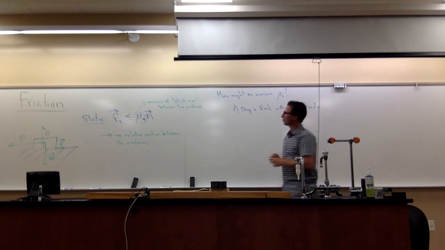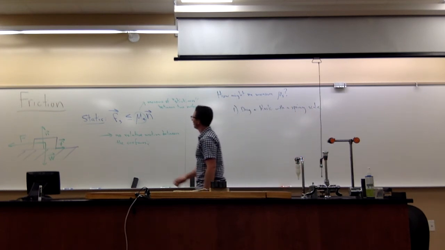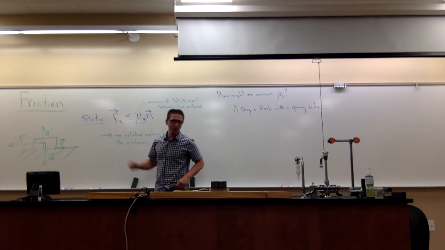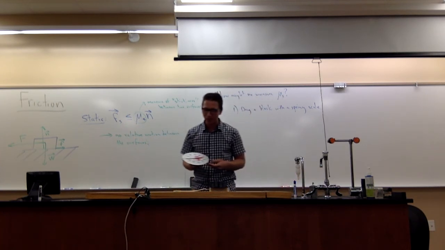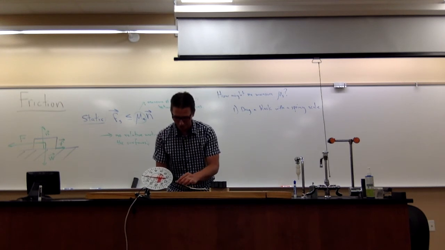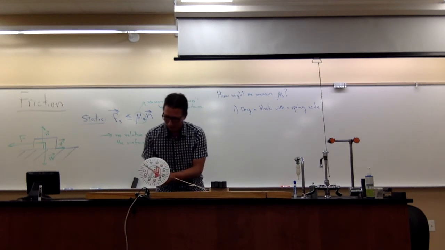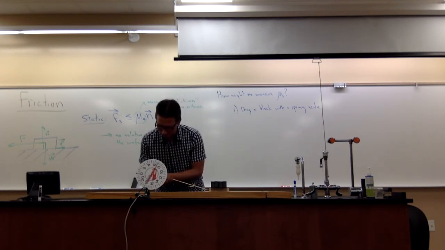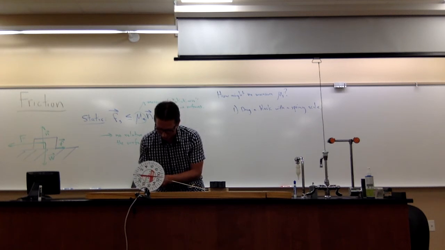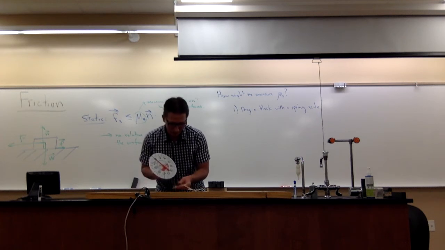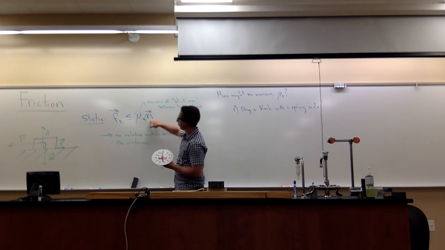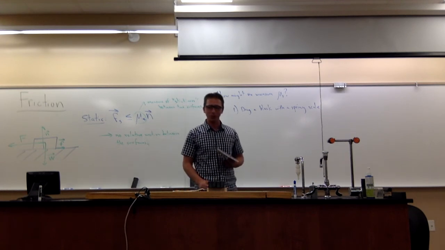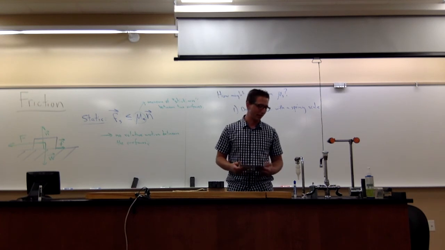And then we would just take the ratio of the force that we measure on the spring scale, which would be equal to the static friction force, and divide that by the normal force, which is going to be equal to the weight of the object on a flat surface.